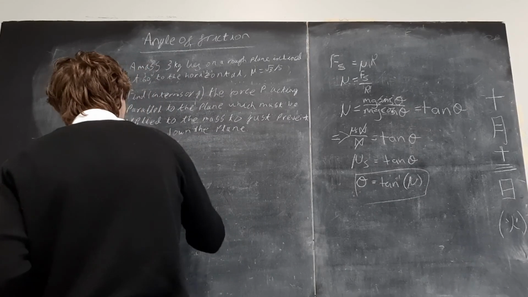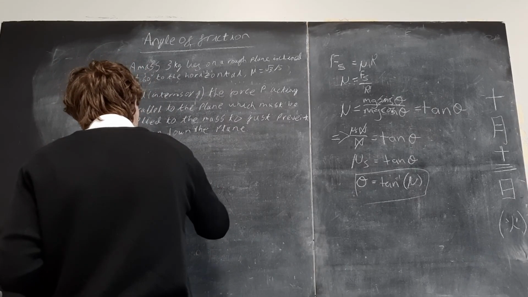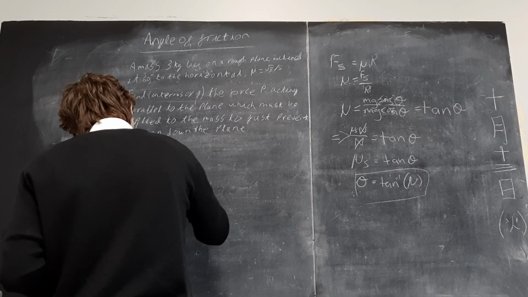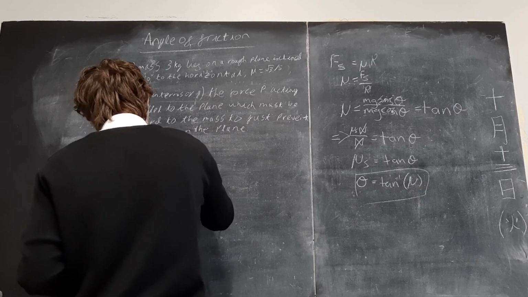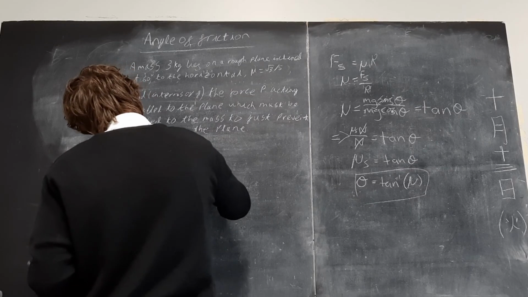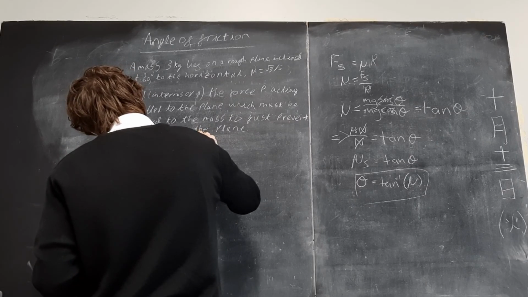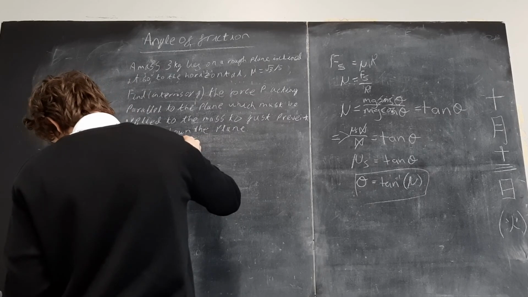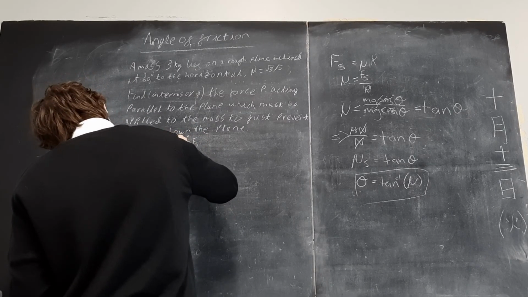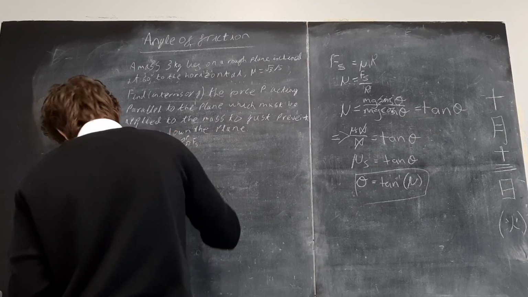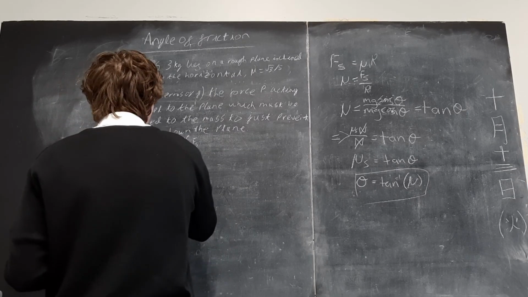Okay, so we have our thing inclined at 60 degrees. We have our mass, weight acting down, force of static friction, P, R, and this is 3 kilograms.